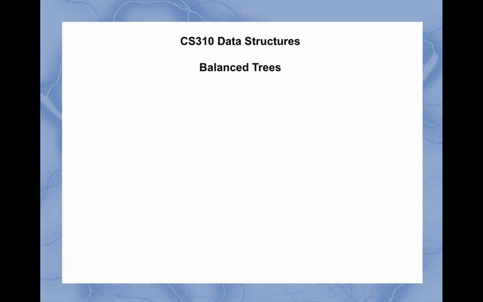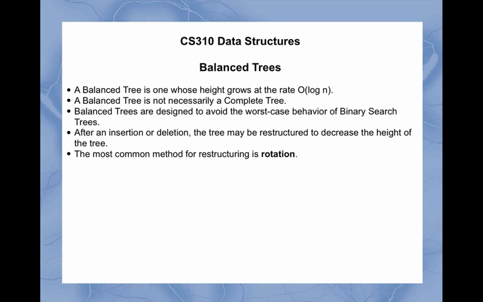In this lecture, we want to continue our discussion of binary search trees and look at balanced trees. A balanced tree is one whose height grows at the rate big O of log n. Normally, we use complexity classes such as big O to characterize the increase in time as the input size grows.